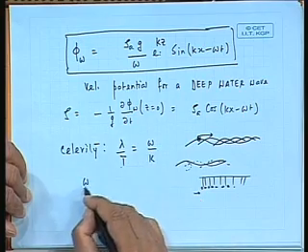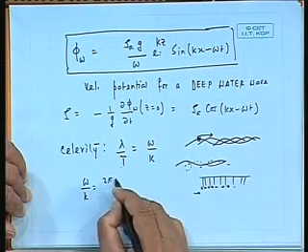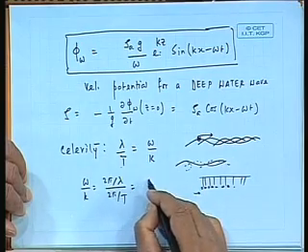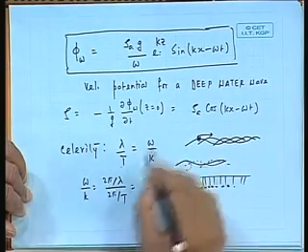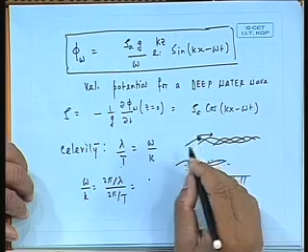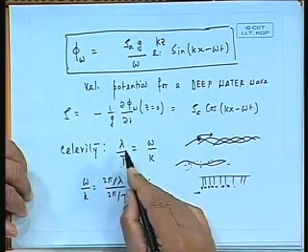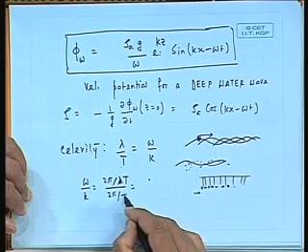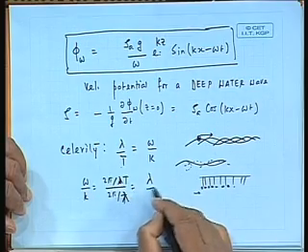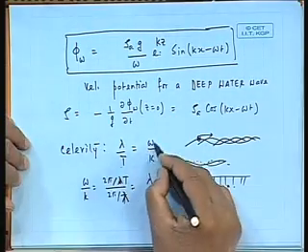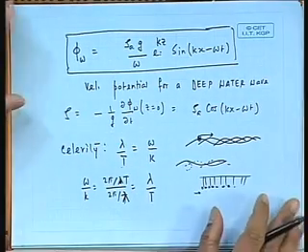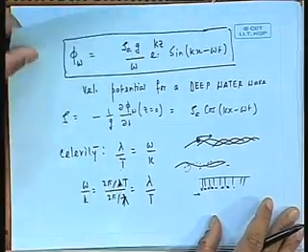Omega by k is 2 pi by T divided by 2 pi by lambda, which is lambda by T. So we call celerity lambda by T or omega by k.